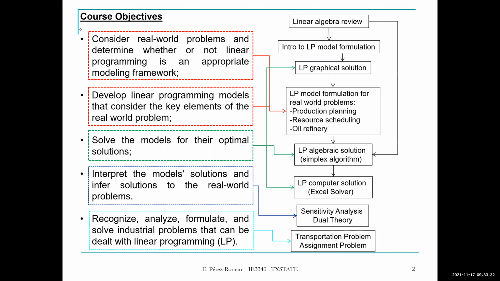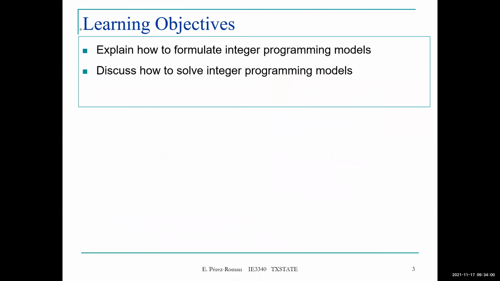As you can see, we have covered all those objectives so far. And now we're going to add this extra layer that is basically covering all these course objectives, in which we are going to be focusing on solving problems that are requiring decision variables to be integer.